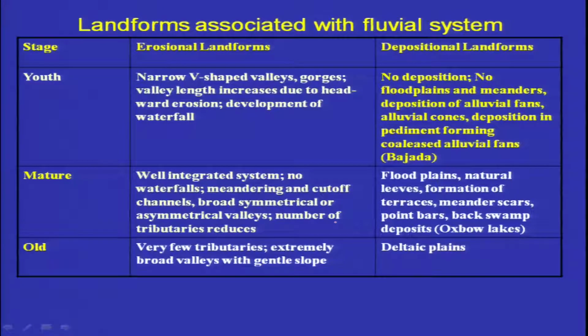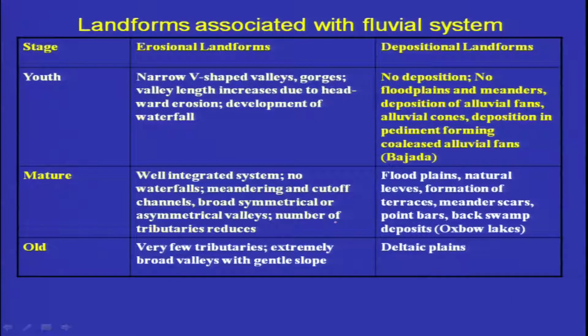Because when you are preparing a detailed geomorphic map or a landform map using satellite data, and you are interpreting the satellite data, you will also have to classify the landforms. And you will also have to demarcate, putting in standard symbols, that this feature is indicative of a particular landform.